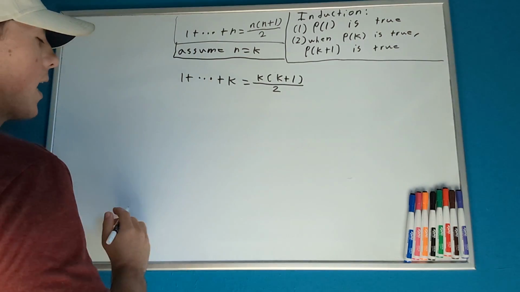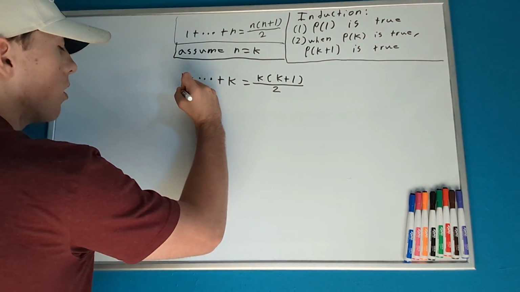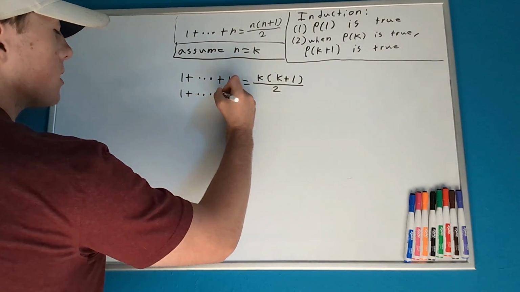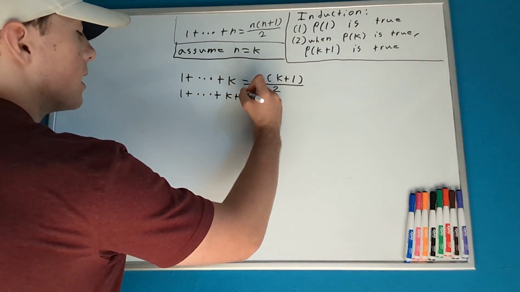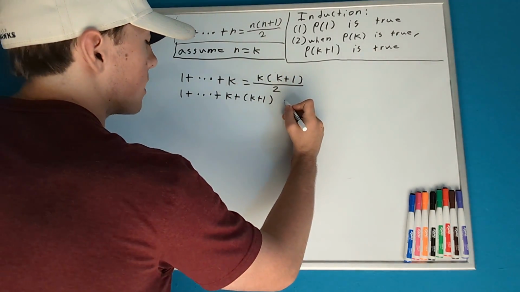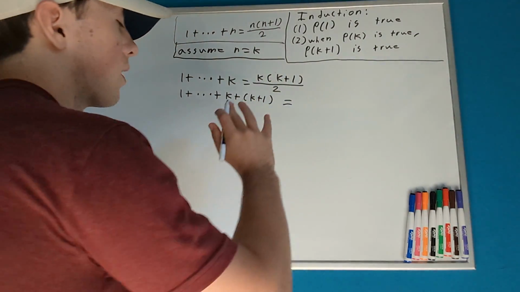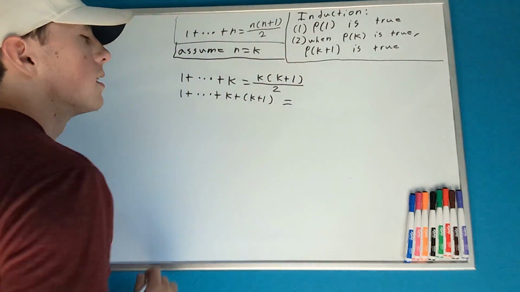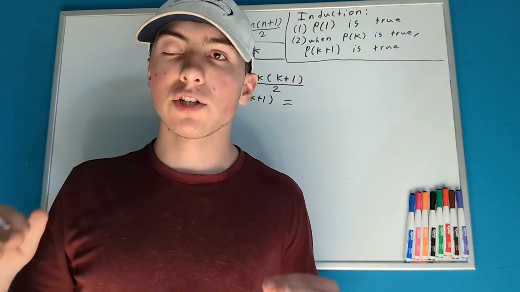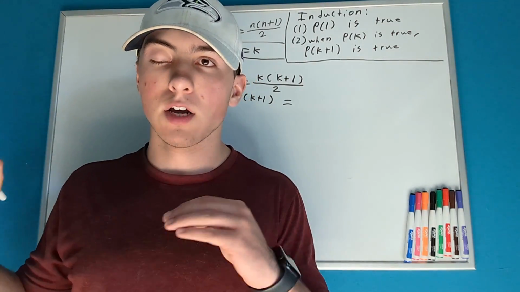So on this side, we want to change this to 1 plus ... plus k plus, now we have k plus 1. And then we're going to say that this equals, wherever you see a k on this side, we're going to substitute in k plus 1 for k.